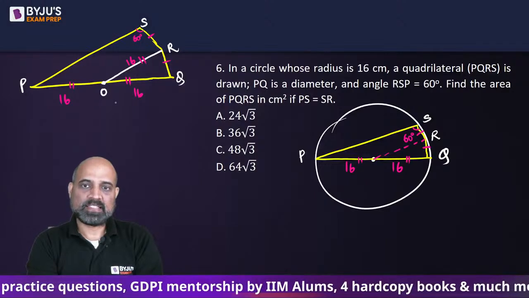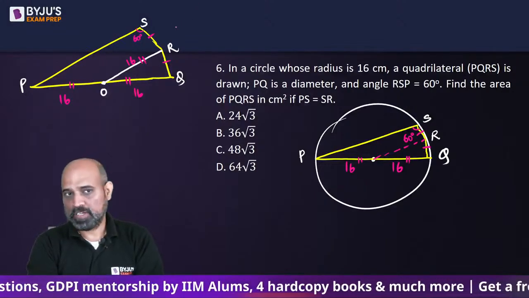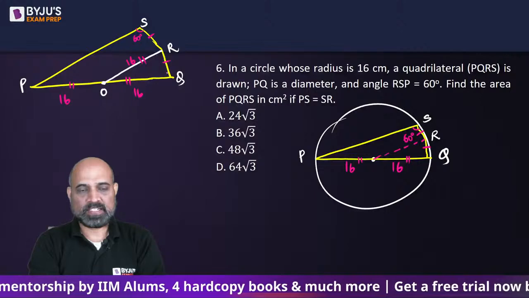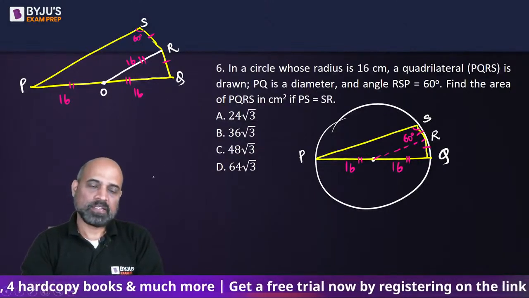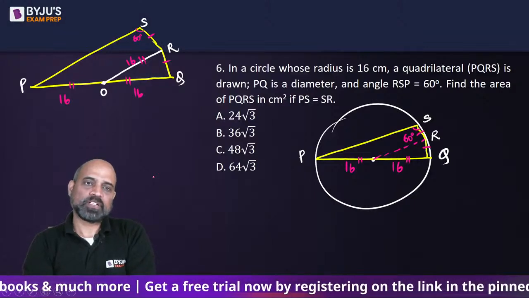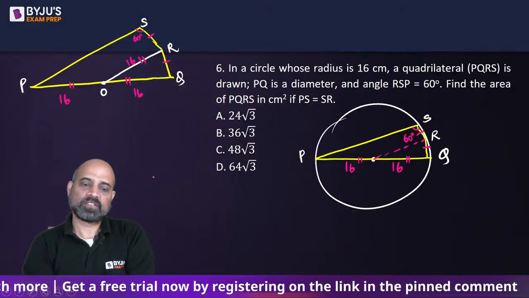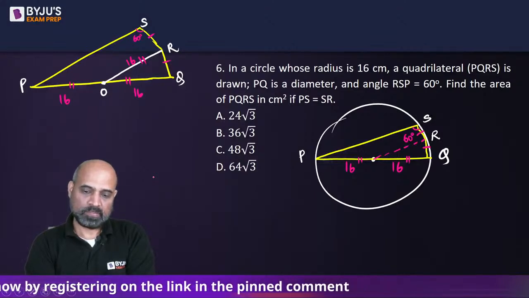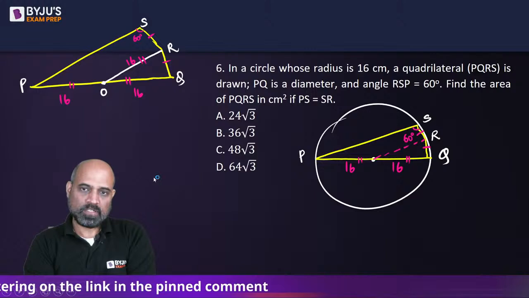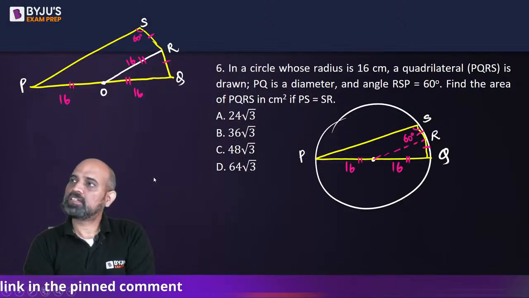Next thing is, since this PQRS is a cyclic quadrilateral, if this is going to be 60 degrees, then it should form a... Okay, so should that be 60? It is 90 there.